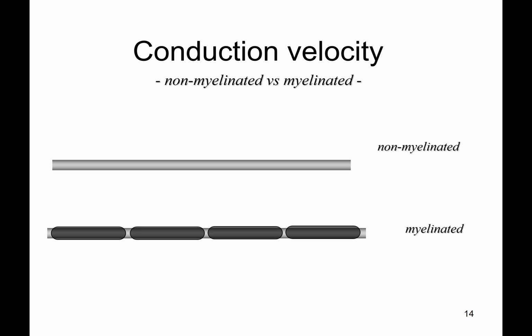But what about the myelinated? Same distance. Look at this. It jumps from node to node. Clearly a lot faster. That's important. Most of your axons are myelinated. They relay the action potential very quickly.